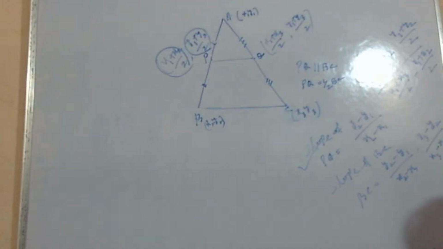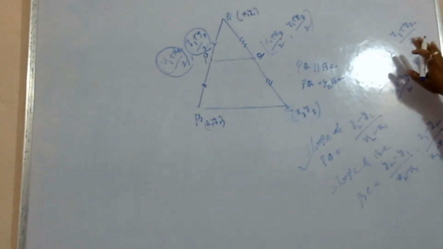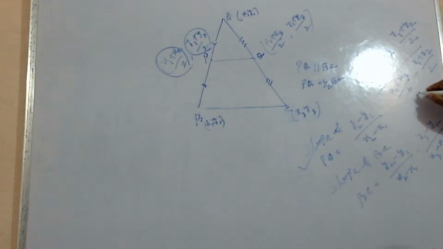Now simplify this. After simplifying this expression, at the end you find y3 minus y2 by x3 minus x2, which is equal to the slope of BC.